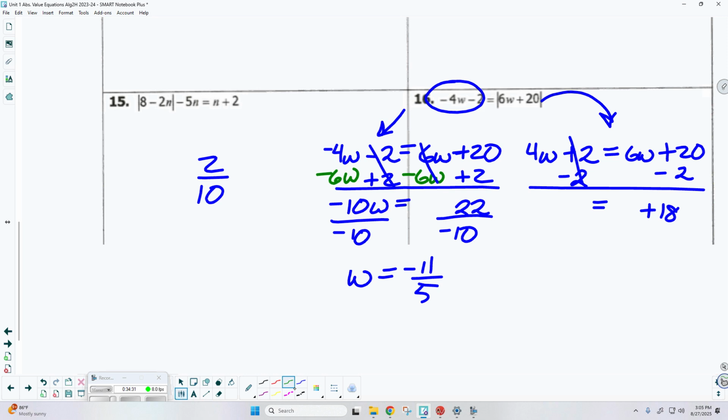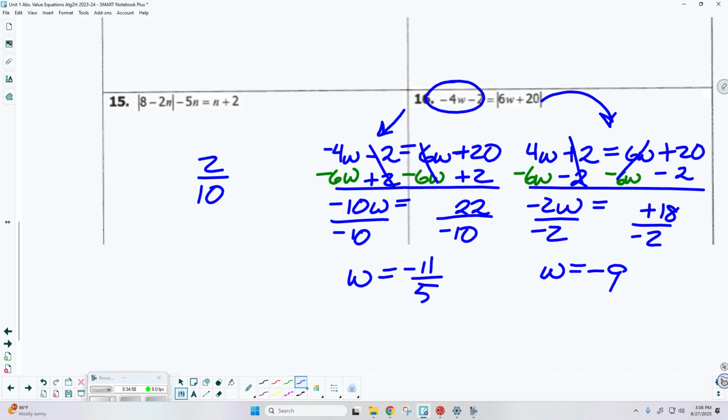Let's move the 6w over while we're at it. So minus 6w, minus 6w, but this time it's a 4w minus 6w. -2w is equal to 18. So I go ahead and divide through. w equals what? -9.